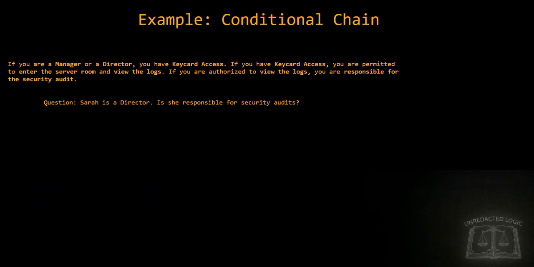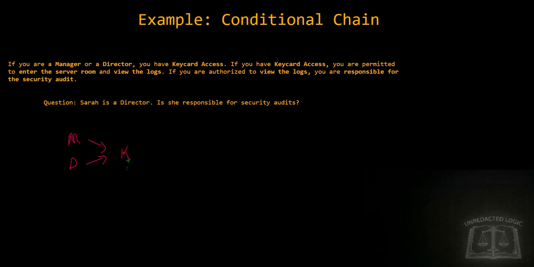Okay, next, let's look at an example of a conditional chain that uses and or. I want you to pause and try this on your own. Okay, so if you are a manager or a director, this is the sufficient, M, D. You have keycard access.